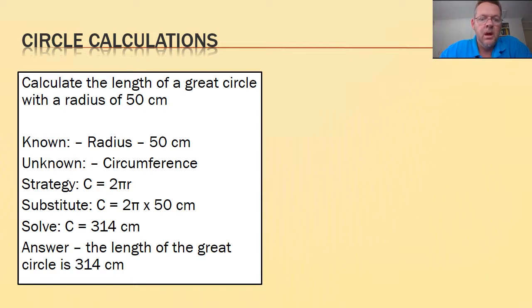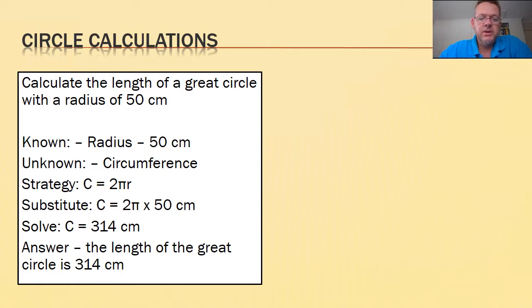So this first idea I want to cover with you is just to revise how to find the circumference or the length of a great circle of a sphere with a radius of 50 centimeters. So remember, our knowns are the radius, and we want to find the circumference. That's our unknown. Now we know that our formula to use is 2 pi r or pi d, because diameter is 2 radii.